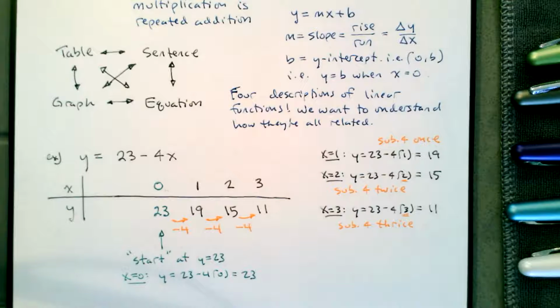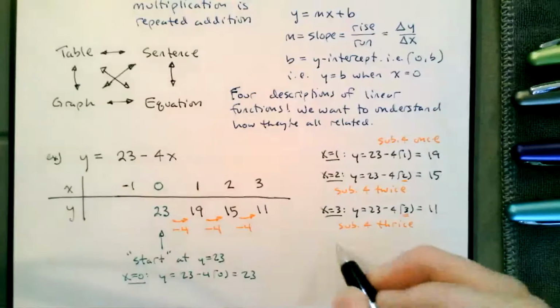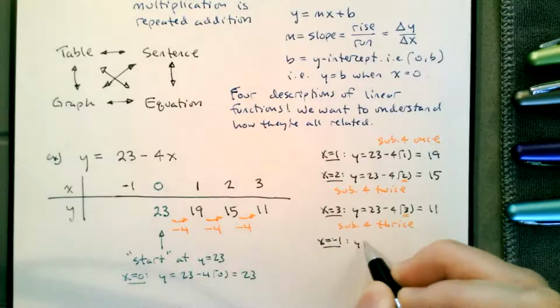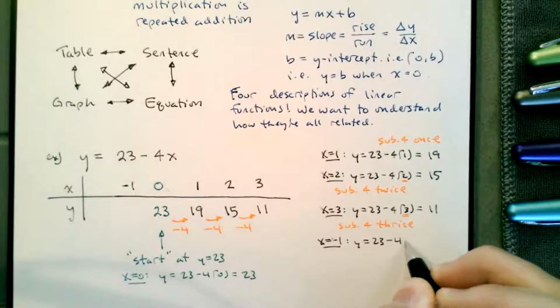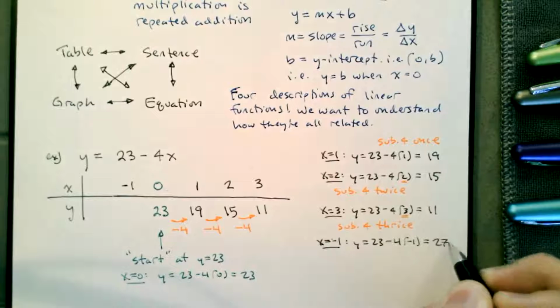Now we can see how the pattern works, where that negative 4 shows up. And now we can do the negative 4 in the numbers that we don't normally count with. So if I just plug in negative 1, I get y equals 23 minus 4 times negative 1, or 23 plus 4, which is 27.